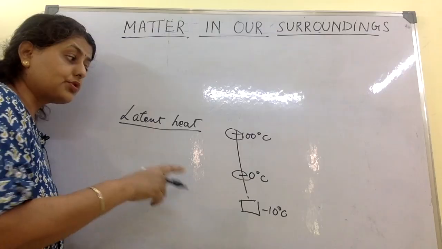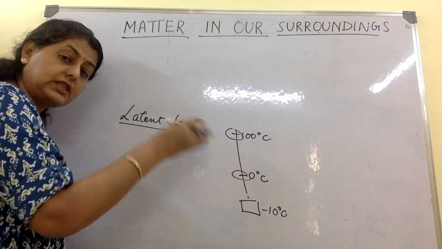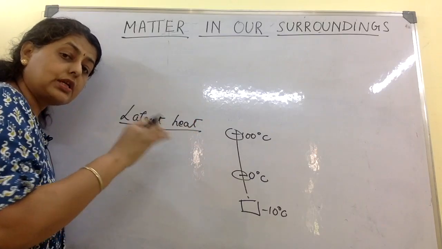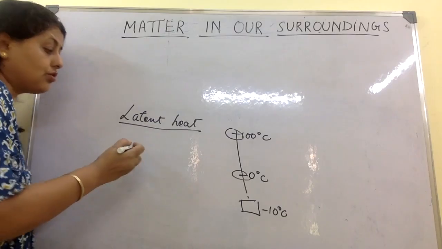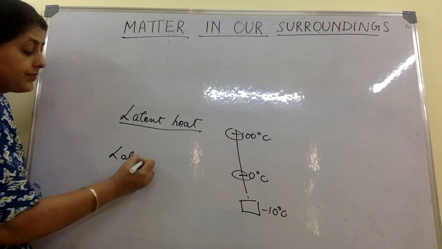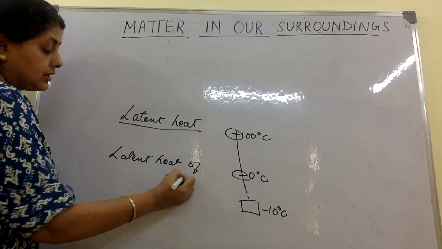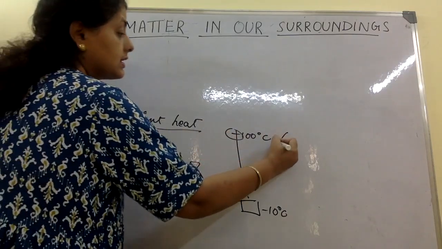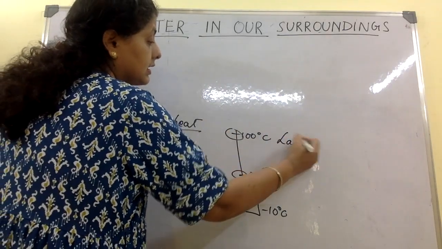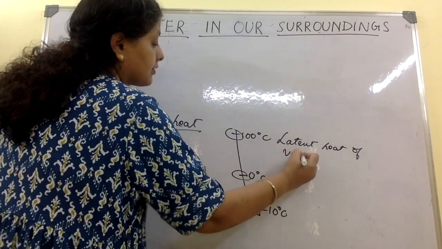The heat absorbed during the entire duration in which the change of state from ice to water was happening is called the latent heat of fusion. That is, during the melting part, it is latent heat of fusion. Here, this is latent heat of vaporization.